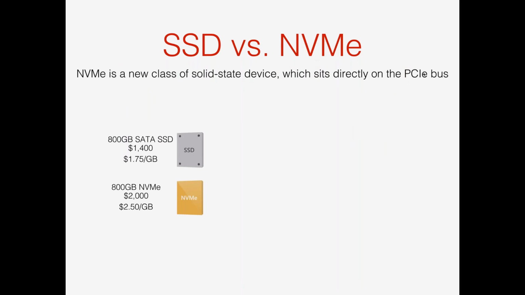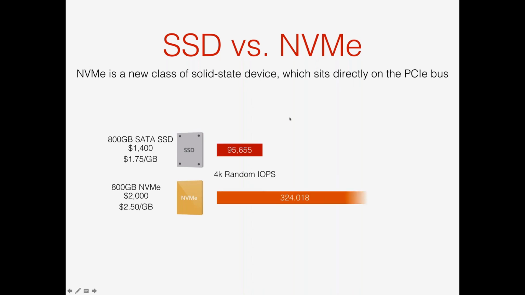So we all know SSDs are fast, but they're still attached to the SATA or SAS bus. Here's some sample pricing, and from a pure price per gigabyte point of view, you would definitely want to go with the SSD. However, if you look at the performance, an NVMe drive is essentially an SSD, still using solid-state storage, but it's connected directly to a PCI Express card.